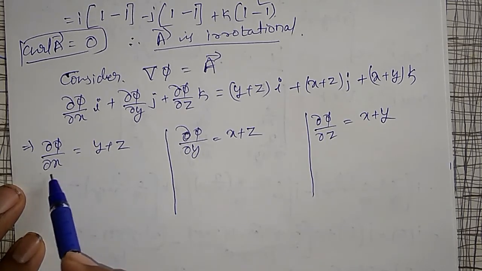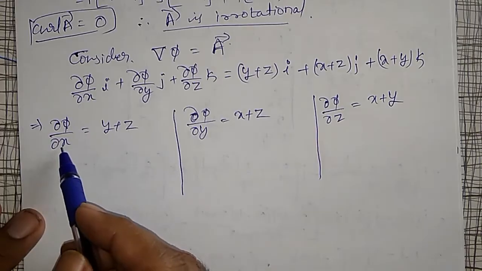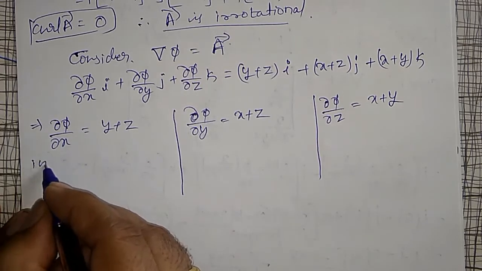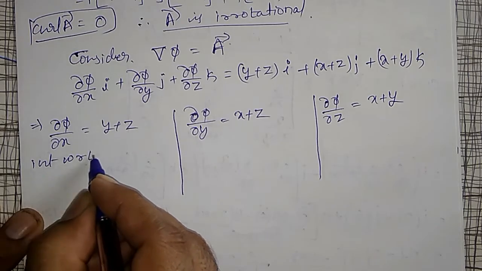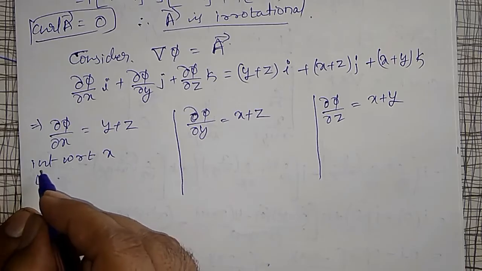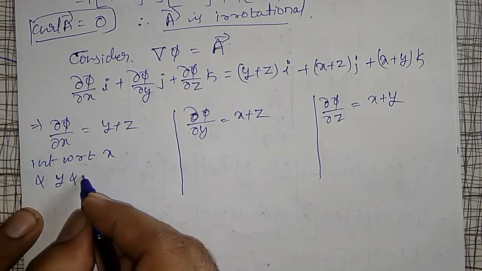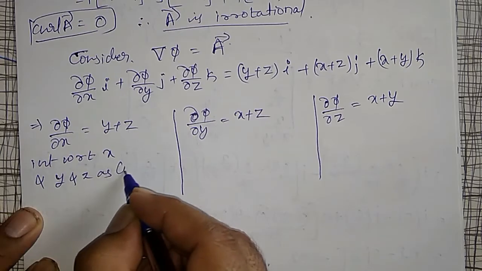Therefore, here I will solve this by the direct integration method. Dou phi by dou x: let me integrate with respect to x, and while integrating with respect to x, I have to treat y and z as constants.